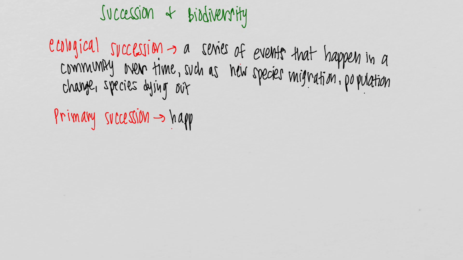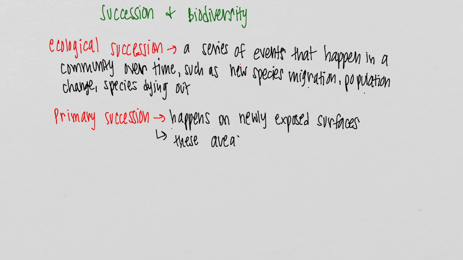So it happens on newly exposed surfaces. These areas have rocks. So pretty much what you only see there are just rocks, pretty bare, when a primary succession happens.